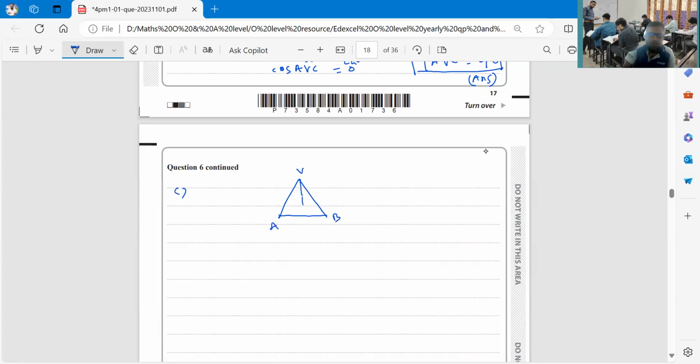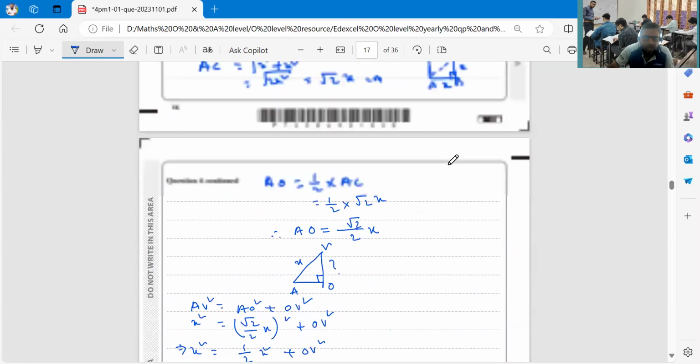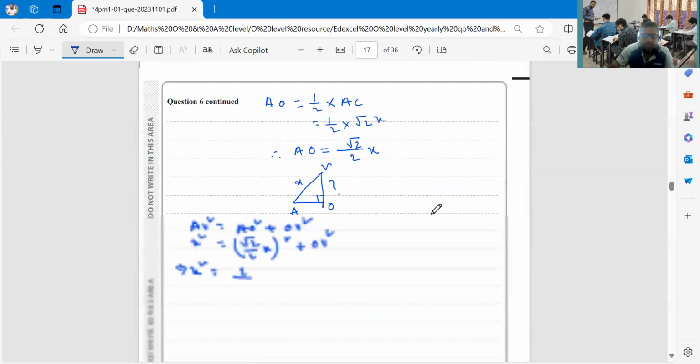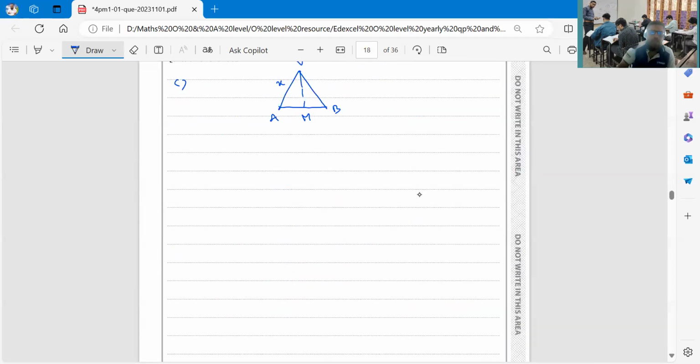And this is BM. So we need to find BM. This is x, and AB also x. So how to find BM? This is 90 degrees, and AM is half of AB. M is the midpoint of AB, so it will be x by 2.